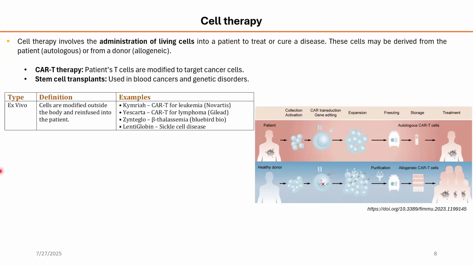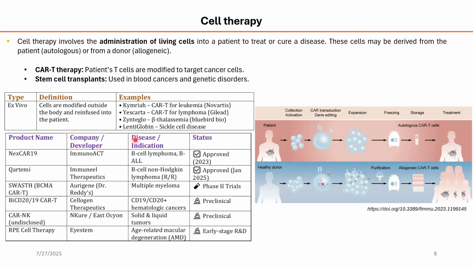This is called the ex vivo method, where the cells are modified outside the body and then reinfused into the patient. Now there are products where they use CAR T cells mostly for blood cancers like leukemia, lymphoma, beta thalassemia, and sickle cell, such as Kymriah, Yescarta, Zynteglo, and Lentiglobin.